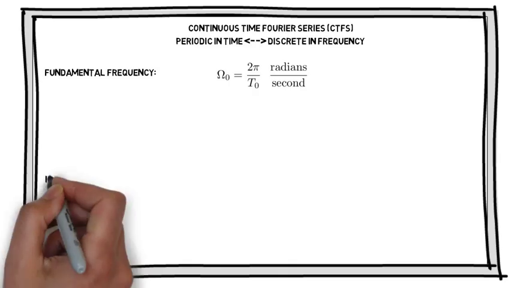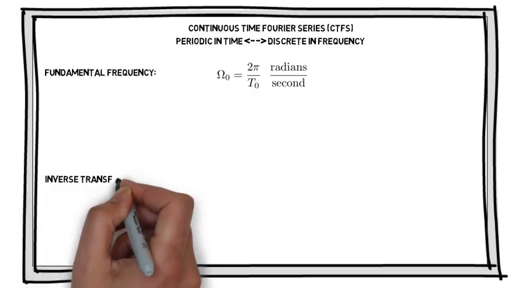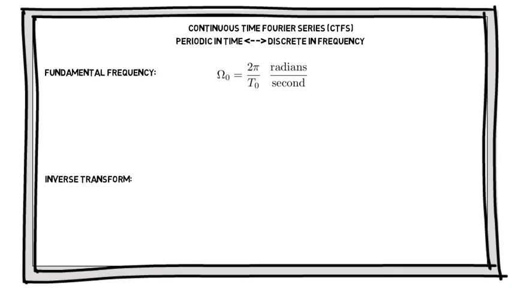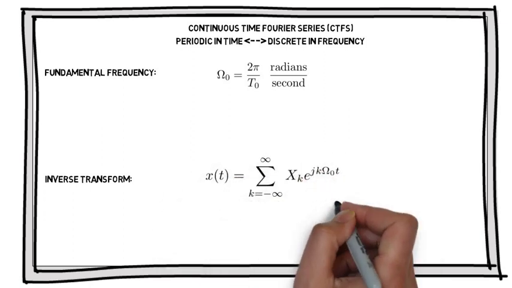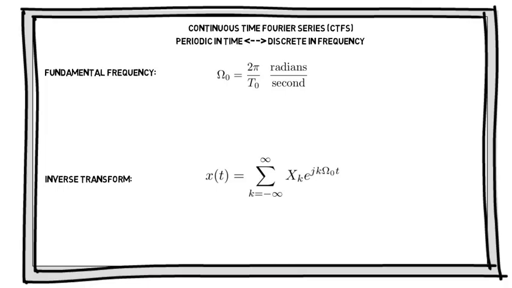And what Fourier showed originally is something that we now call the inverse transform. He showed that any signal x of t that's periodic with a period of t0 seconds can be written as the infinite sum of cosines, and we're going to use complex exponentials instead of cosines. We'll say that it's the infinite sum of signals of the kind e to the jk omega naught t, which, as you know, is the cosine of k times omega naught t plus j times the sine of k omega naught t.